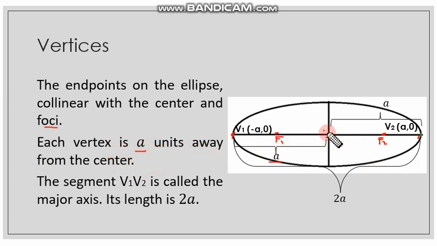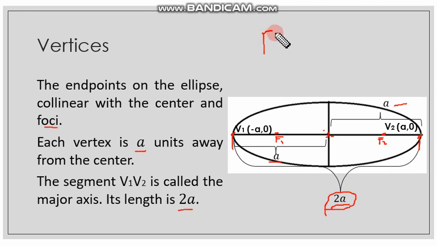Also, there is a right side from the center to vertex 2. That's also A. So together, from vertex 1 to vertex 2, that's 2A. So the segment from vertex 1 to vertex 2 is 2A. It is on the major axis. So the length 2A is the length from vertex 1 to vertex 2.